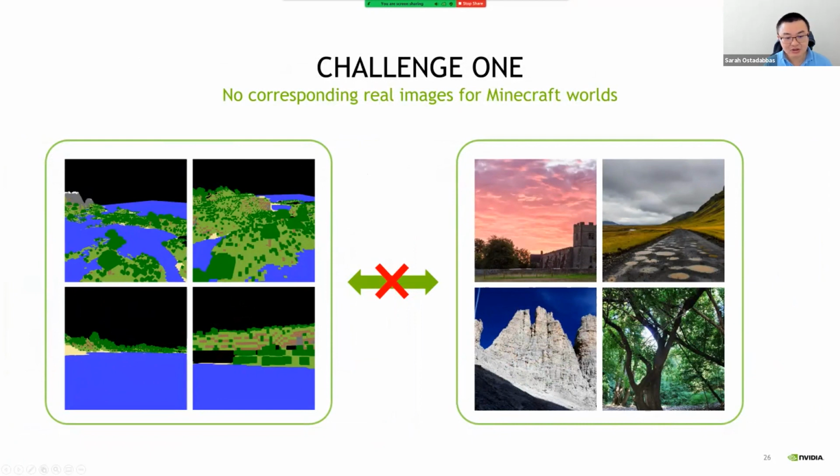These are semantic images from the Minecraft world, and they are very different from the semantic maps you would extract from real world photos. First of all, in real world photos, trees are never blocky, right? But in the Minecraft world, the trees are blocky. Yeah, and not to mention the label distribution mismatch. So this is one challenge. No corresponding real image for the Minecraft world.